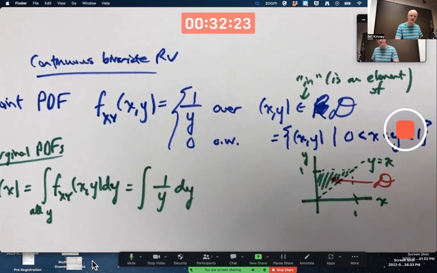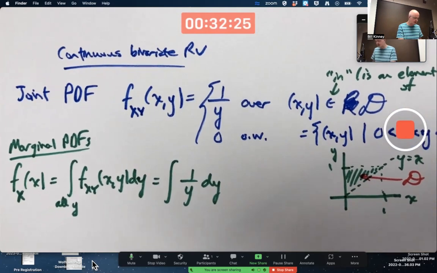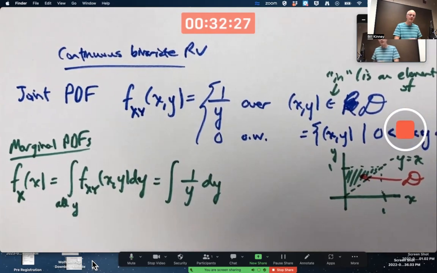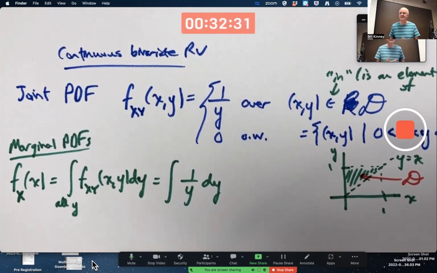Since the integral is with respect to y, when I do the integral I want to think of x as fixed. Of course, in the end you'll get an answer that depends on x, which can then be thought of as a function of x. But while you do the integral, you want to think of x as fixed. This is very important conceptually.